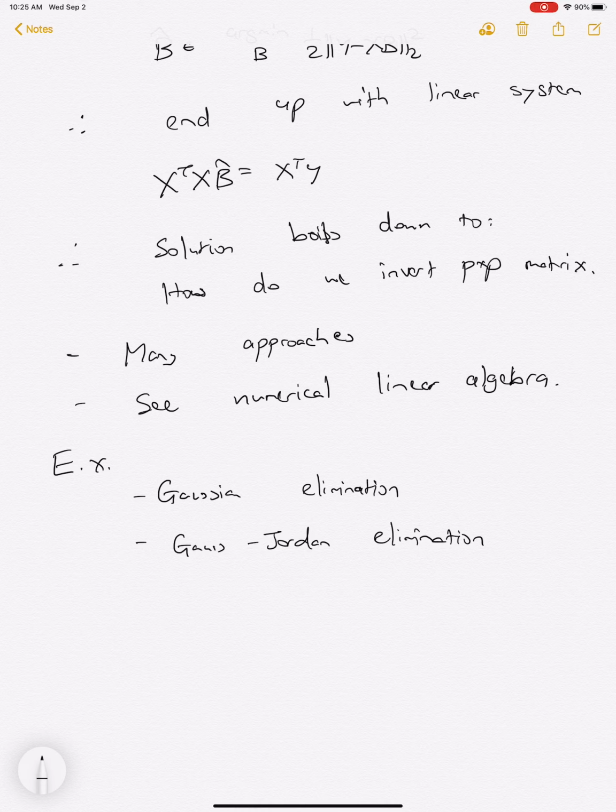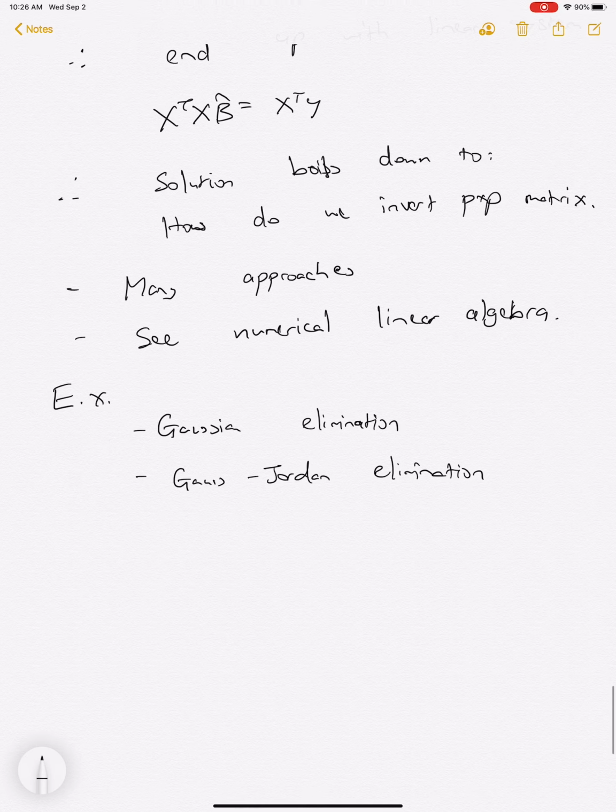I'm not going to spend too much time on other methods, because I'm going to introduce one method that is very widely used, and it'll be used not only for this particular setting but throughout the course.